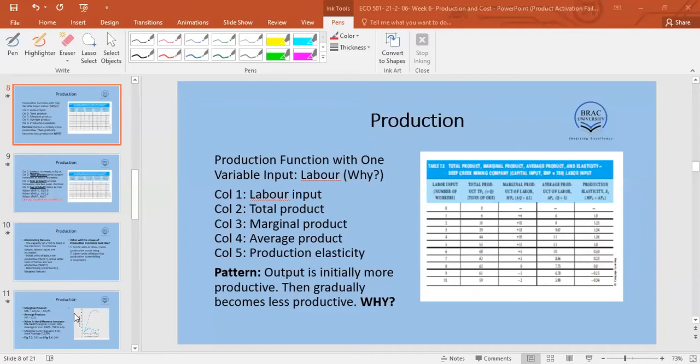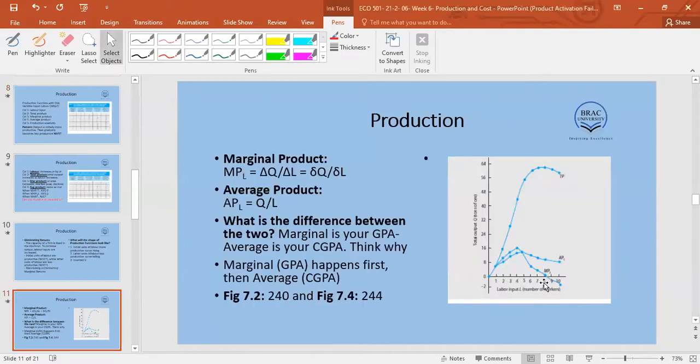So now we go to the next slide, which is the graph. This is marginal productivity of labor, MPL. The one on the top is average productivity of labor, APL. Which one peaks first? MPL peaks first.